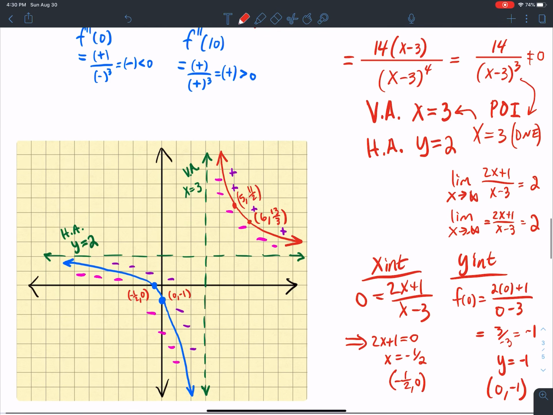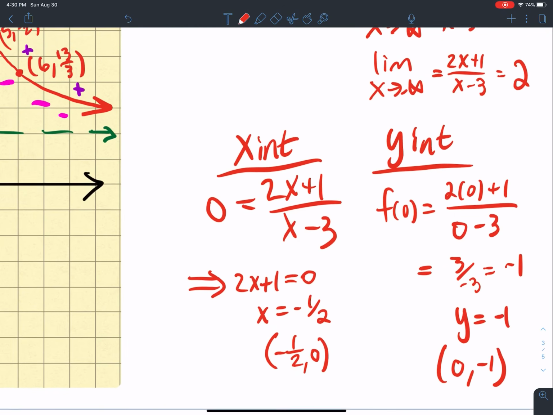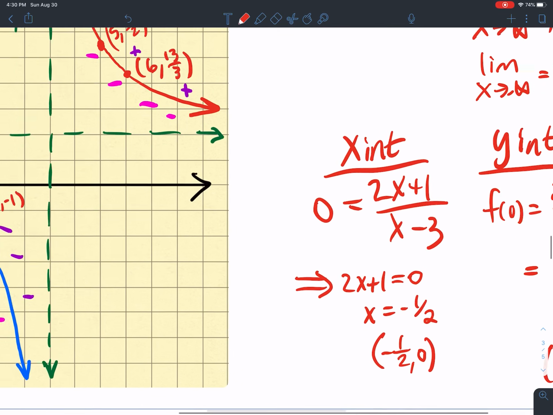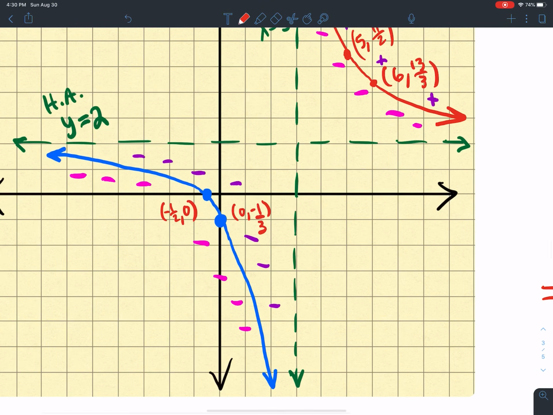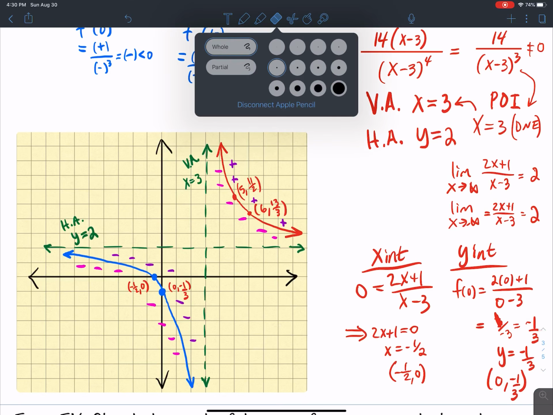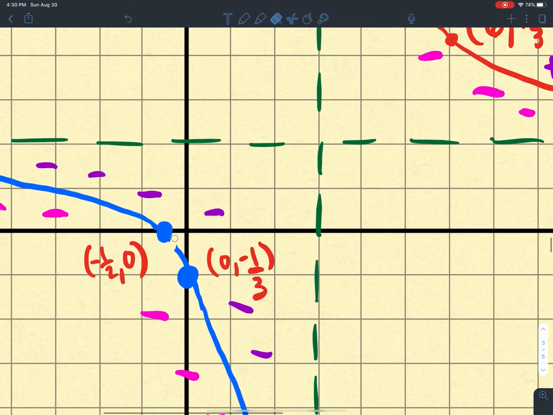All right, so once again, this should be -1/3, and then we can change this here. And so now that looks pretty good. Okay, let me look at this. This is gonna bug me.